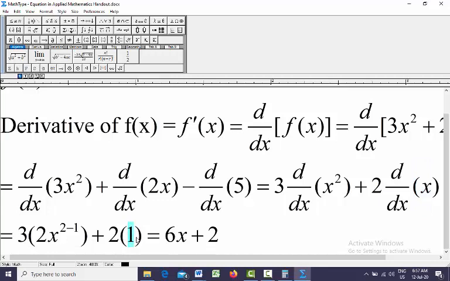So 2 multiplied by 1 is 2. And here we have 3 multiplied by 2, which is equal to 6.